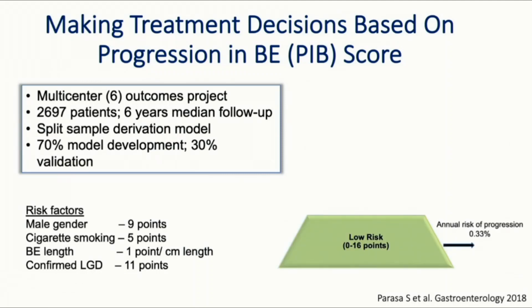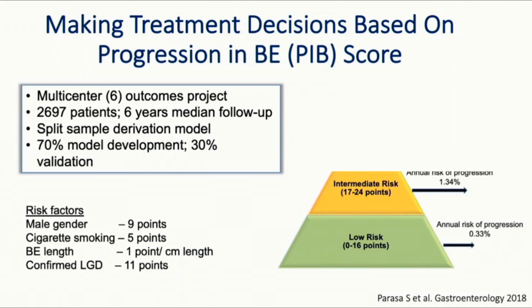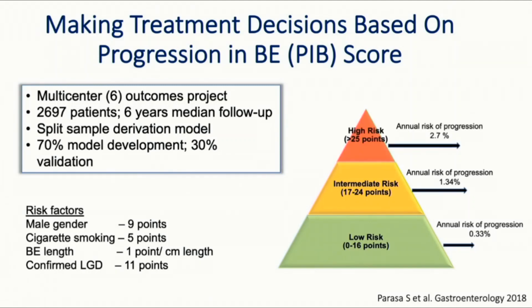When the patient had points between 0 to 16, they had an extremely low risk of progression. Points between 17 to 24, intermediate risk. And if the patient had 25 or more points, extremely high risk of progression. So this is personalized medicine at its best.